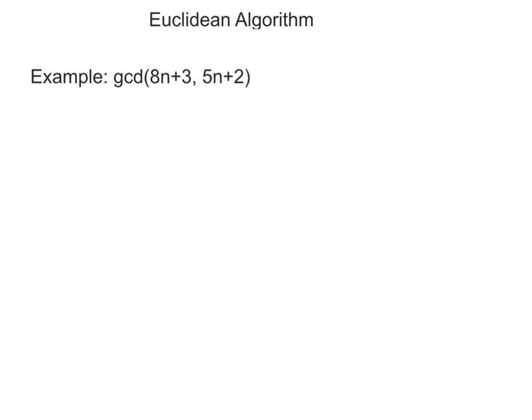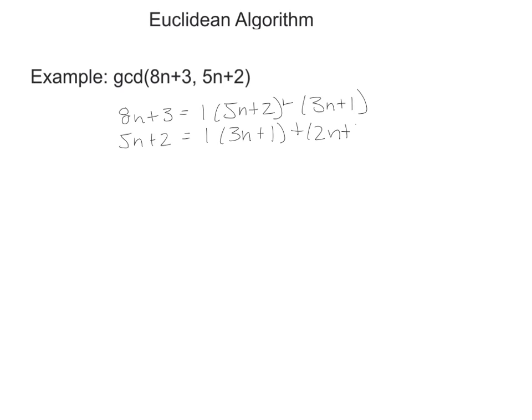So I'll start: 8n + 3 = 1 times (5n + 2), remainder 3n + 1. Then 5n + 2 = 1 times (3n + 1) + (2n + 1). Then 3n + 1 = 1 times (2n + 1) + n.